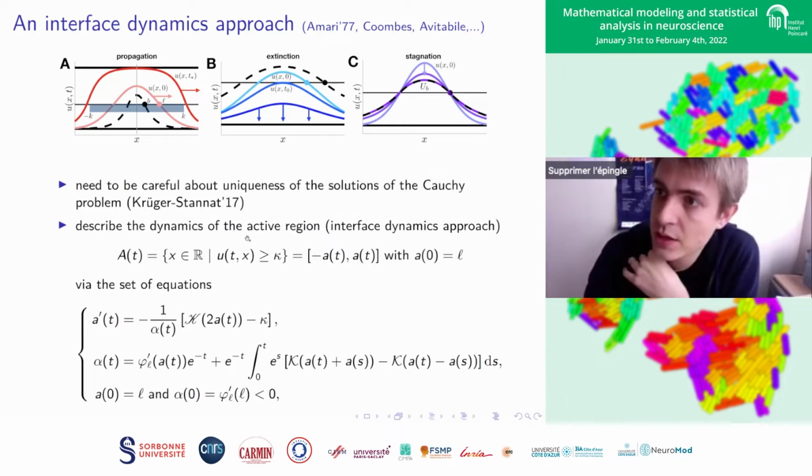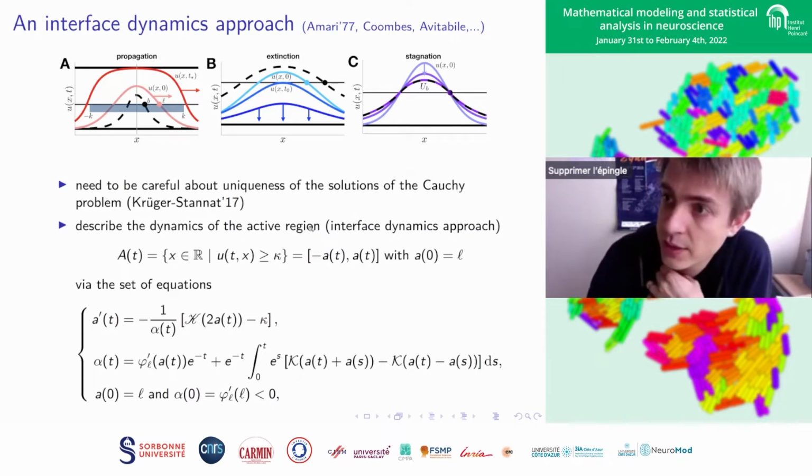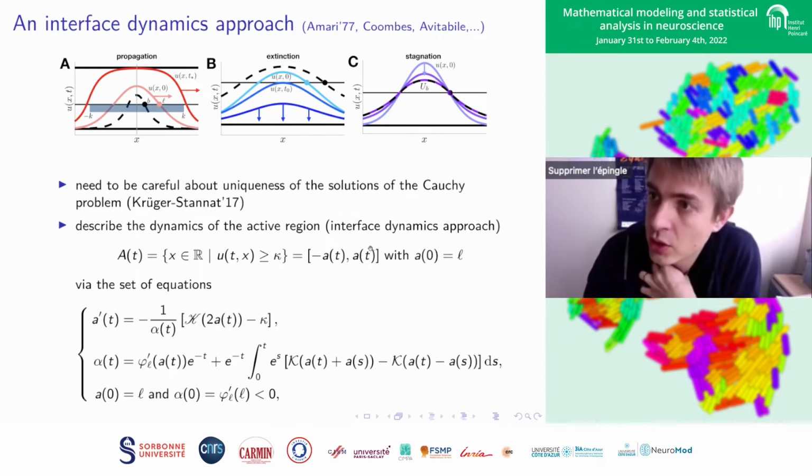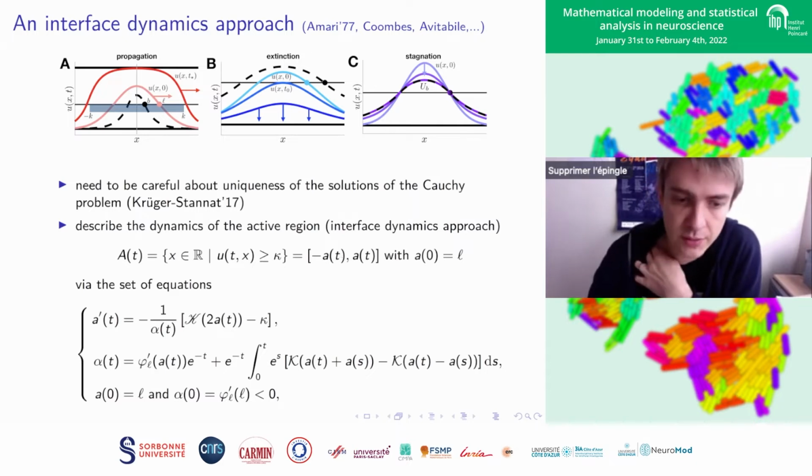But anyway, here, if you use this interface dynamics approach and you characterize the active region, you can get a closed form formula for the equation describing the boundary of the active region.